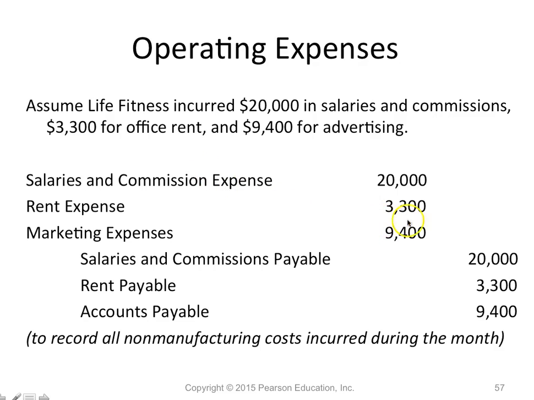So office rent will be expensed, and marketing or advertisement will be $9,400, while we have the payable and rent payable paid. Accounts payable will be increasing because we haven't paid the $9,400 of advertising yet, so the total will be this amount, and I don't have the total here.